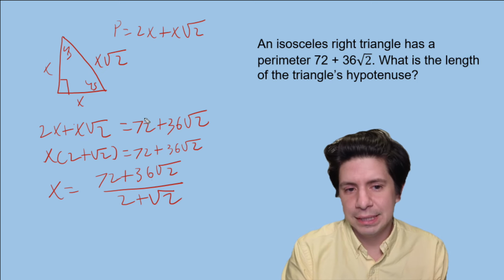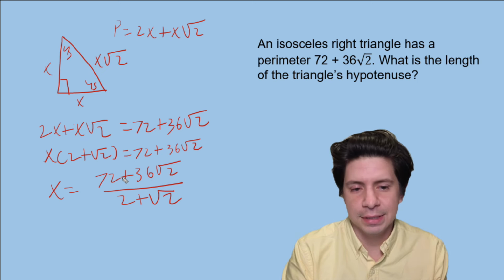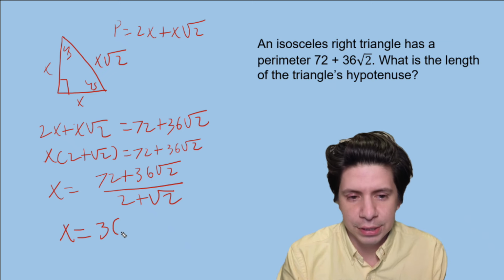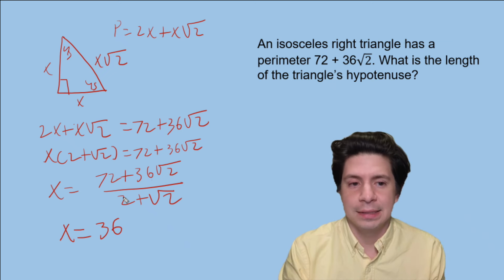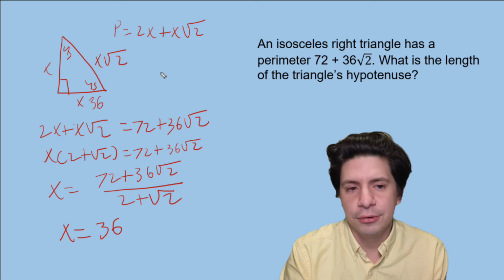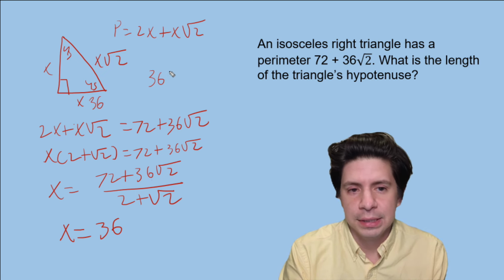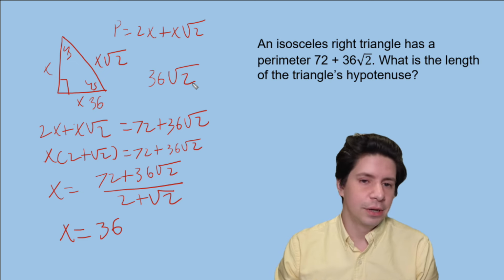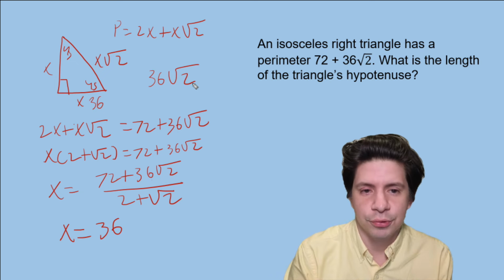So almost from this step, you could have said x equals 36. And if you divide this out, you're going to get x equals 36. And that is the leg. And then to find the hypotenuse, you would just do 36 times root 2. You could put that in the calculator and solve, but we're not going to do that. We're just going to leave it as 36 root 2.